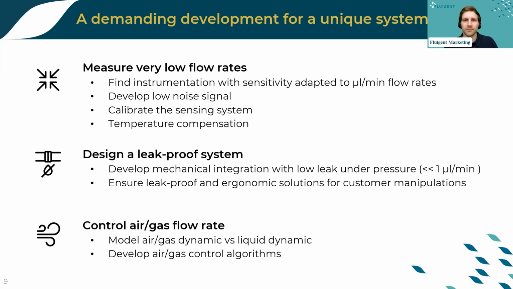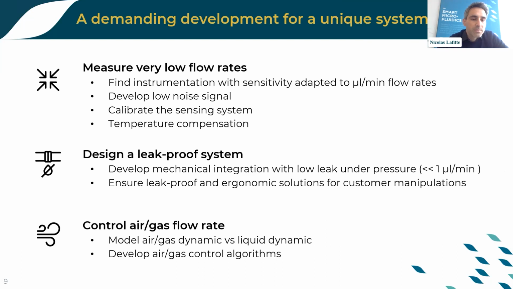Thank you. So actually, as Bruno presented, this new product has demanded a lot of innovative development and technology. So basically, we put in these slides the points we have developed in the R&D of Fluigent. The challenge was to measure very low flow rates.